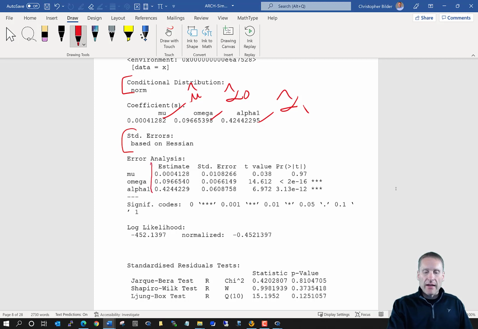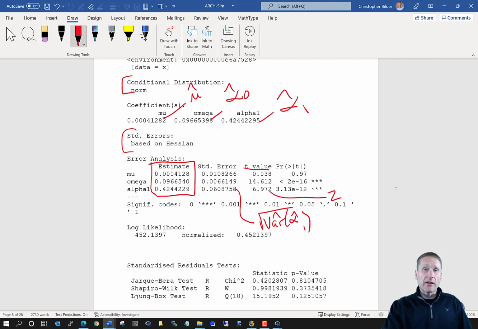So we also then have these parameters stated again. Here are the corresponding standard errors. So here's the square root of the estimated variance of alpha hat 1. Then we have a t-value column. This corresponds to calculating a test statistic called z, which is 0.4244 divided by 0.0608.